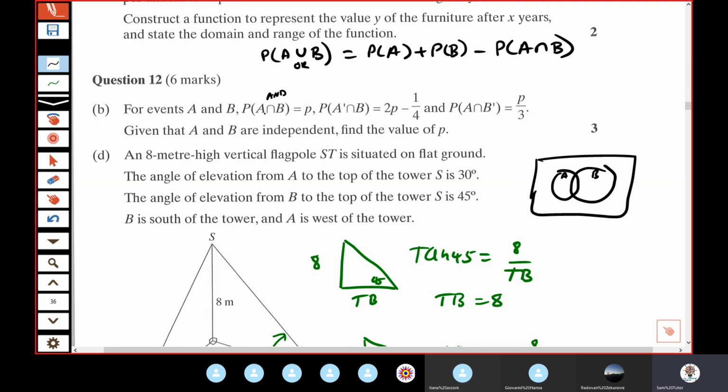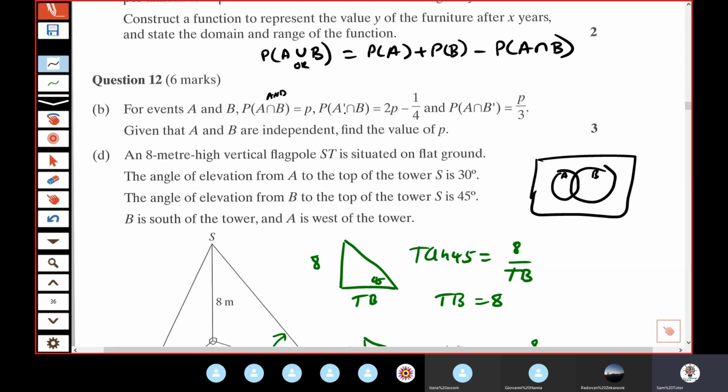All right, so probability of A and B is P. What does A dash mean in this context? Not directly. Yeah, not. So this is another way of saying complement. Let's start again.